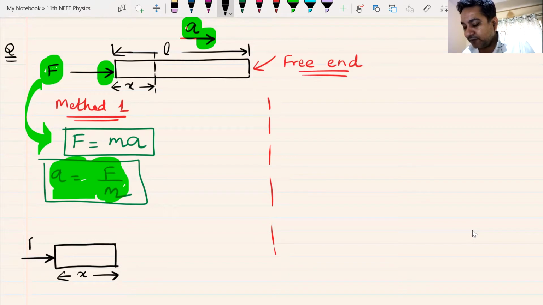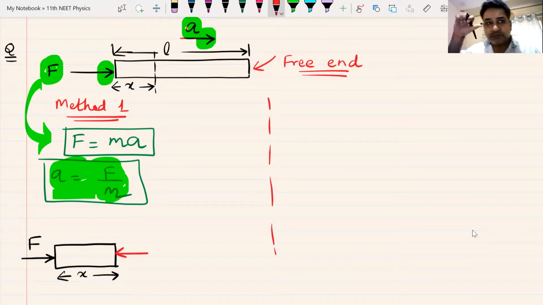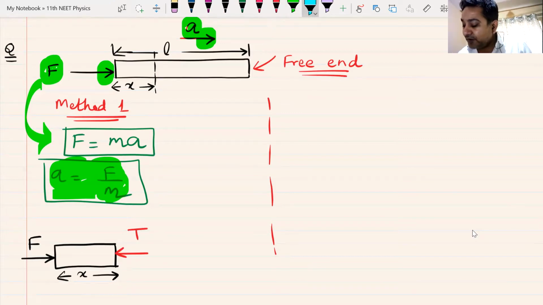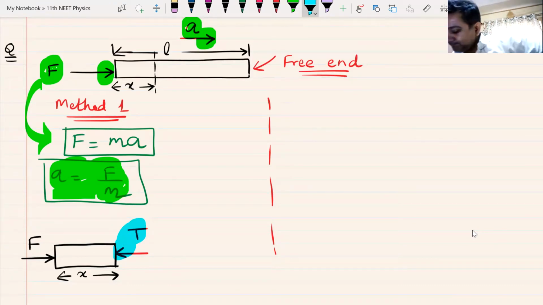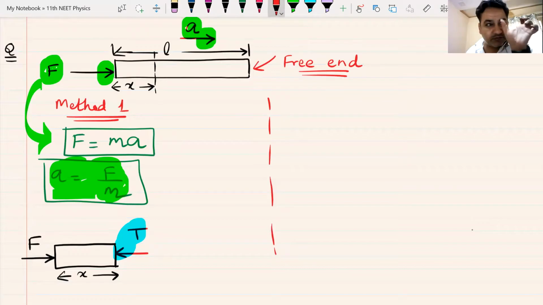My force F is acting like this, and another force is coming from the other end, which is pushing it. Let me call that force T. Basically, I have to find the value of this T. Do we understand this? I have drawn the free body diagram of this small section. The acceleration is a.